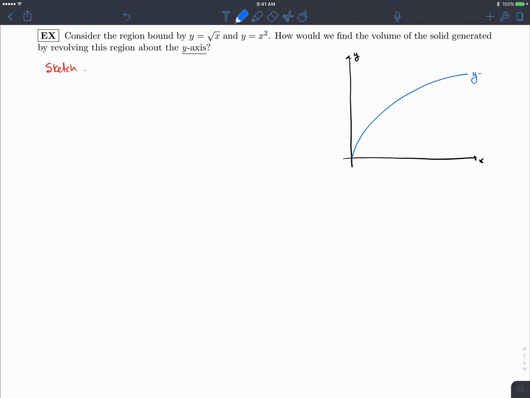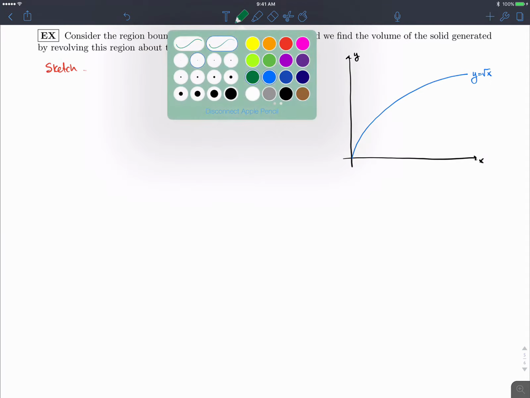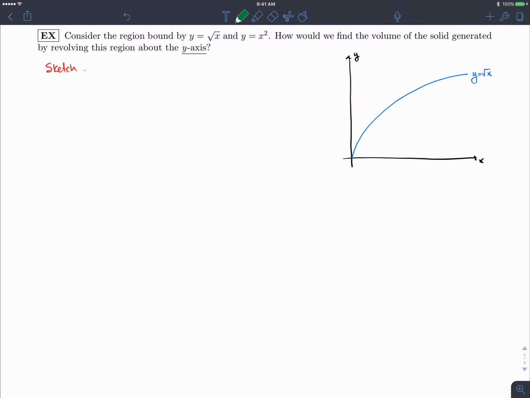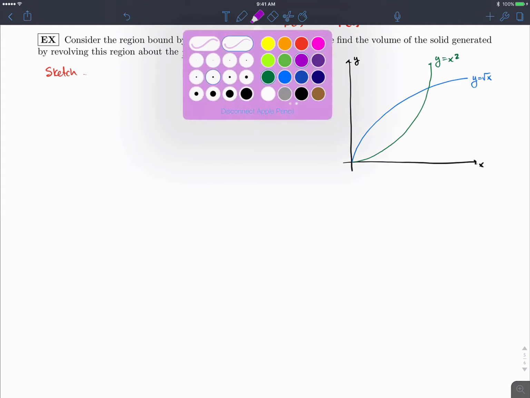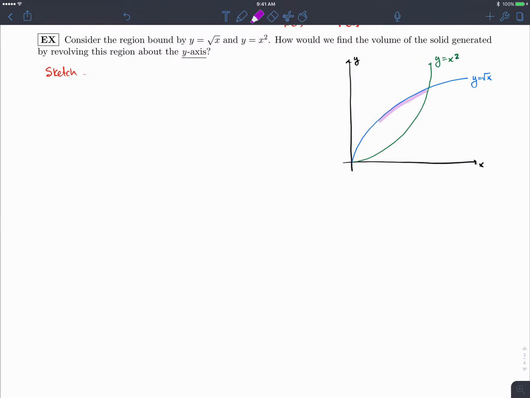So here's y equals the square root of x. And then we'll draw the other curve, y equals x squared. So here's the curve, y equals x squared. So our region of interest here is going to be this enclosed region right here.